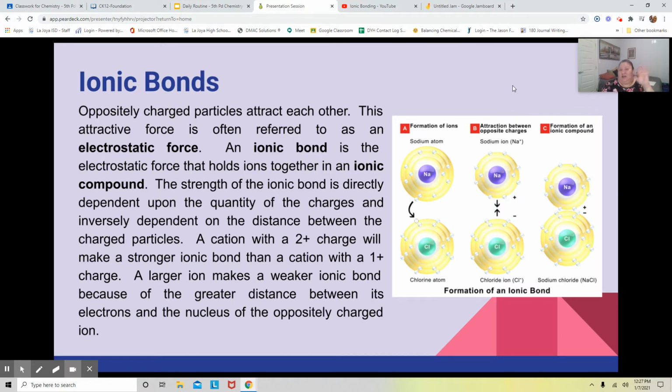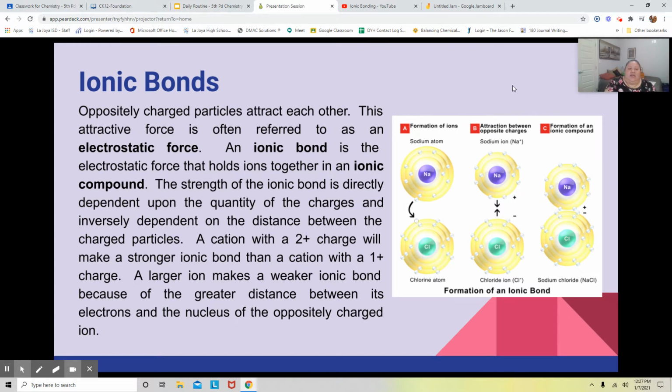If you have a cation like sodium and an anion like chlorine, the sodium has given one electron to chlorine. You're going to have oppositely charged ions, very similar to these oppositely charged particles that we're talking about. These oppositely charged ions will have what's known as an electrostatic force that's going to bring them together and form this bond that we're talking about.